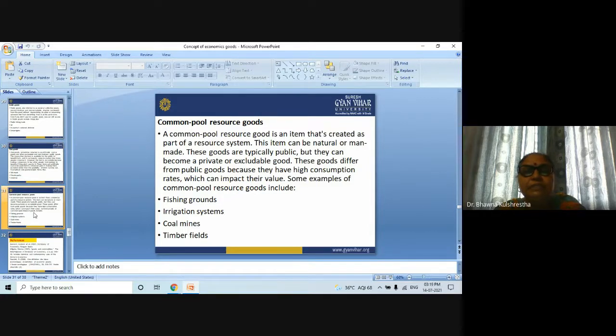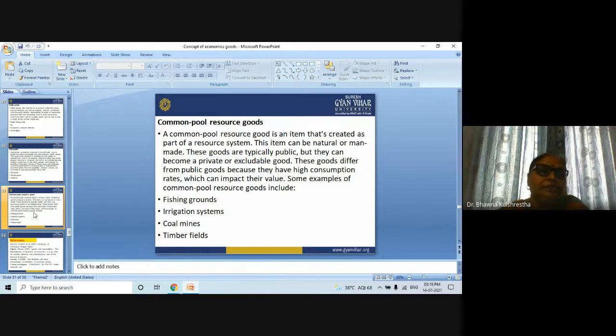Some examples of common pool resources goods include fishing grounds, irrigation systems, coal mines, and timber fields. These are the examples of goods.